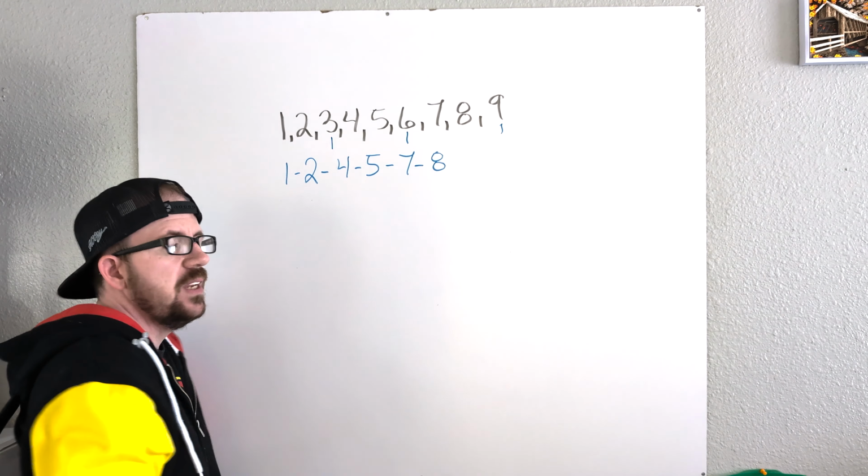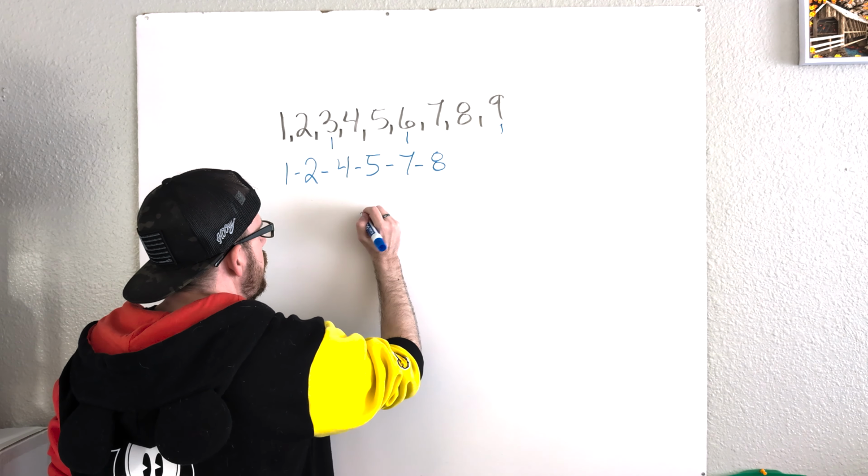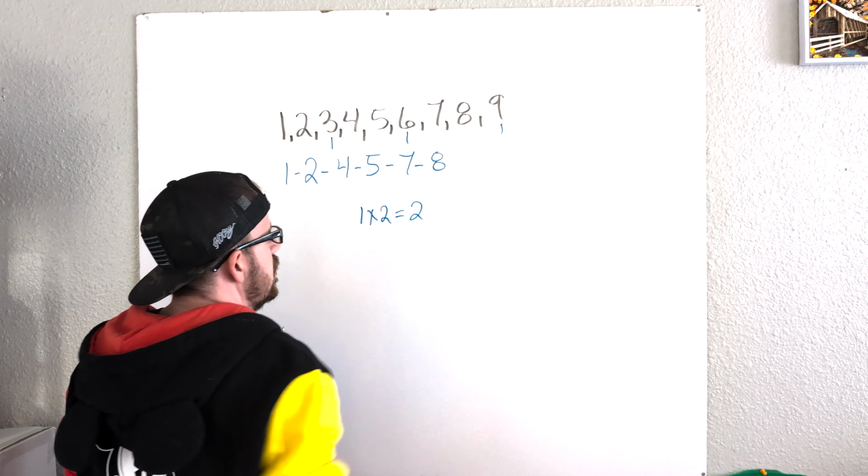So Vortex math means doubling. If I were to go ahead and take 1 times 2, I'm going to get 2.